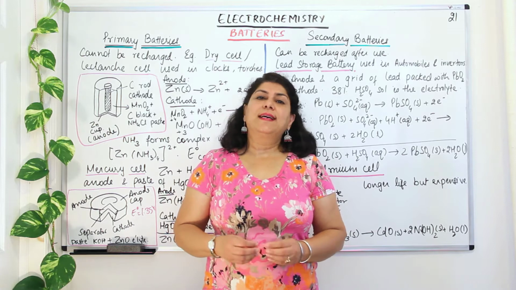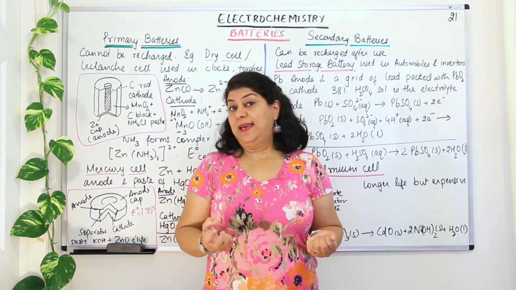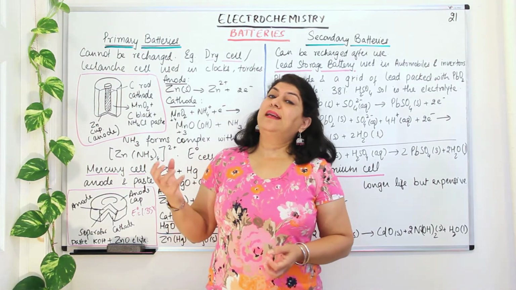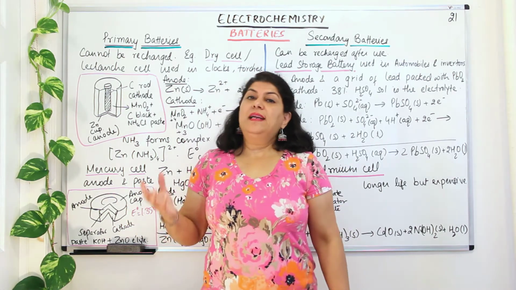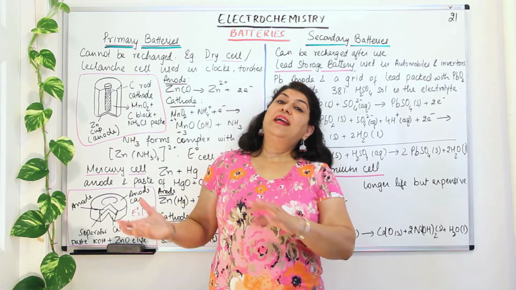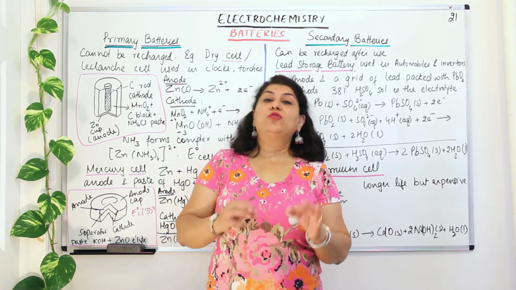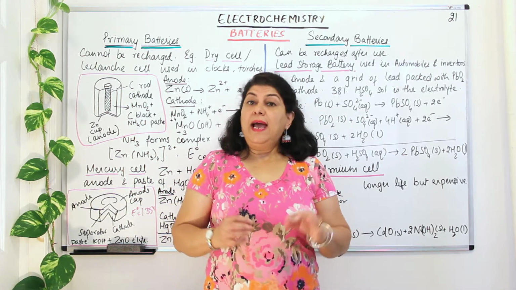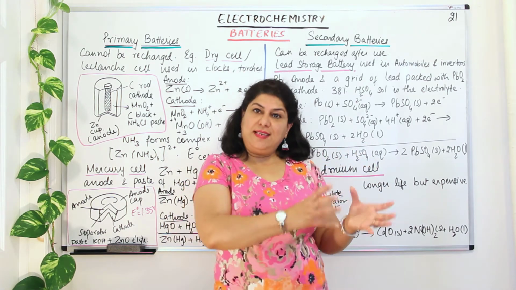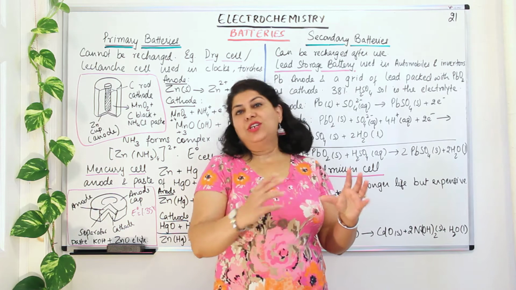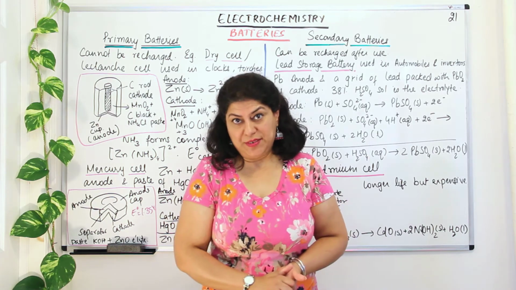But before we discuss batteries, let us understand once again what is the difference between an electrolytic cell and an electrochemical cell. An electrolytic cell is one where electricity is used to bring about a chemical reaction. And an electrochemical cell is the opposite of this. It is a cell in which a chemical reaction is used to generate electric current.